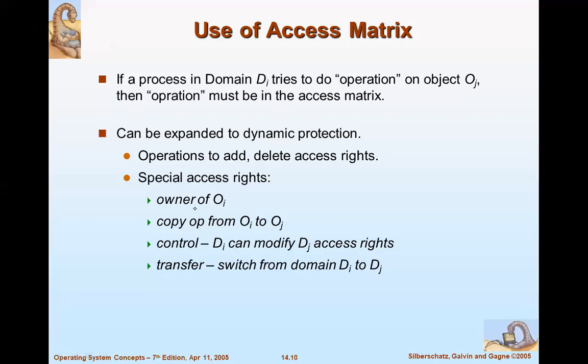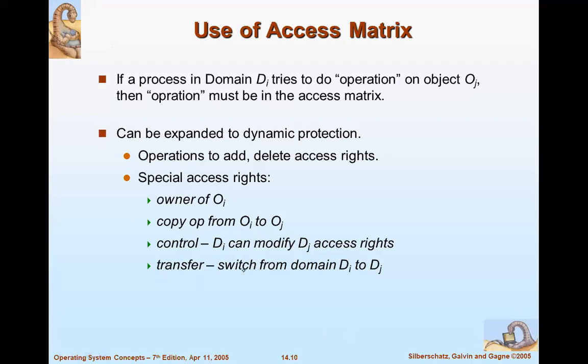So look at this, owner of that specific file, Oi. Copy operation from Oi to Oj. You can copy from one domain to another domain, from one place to another place. Control: Di can modify Dj access right. So as an administrator, you can change the access right for Dj, for domain j.